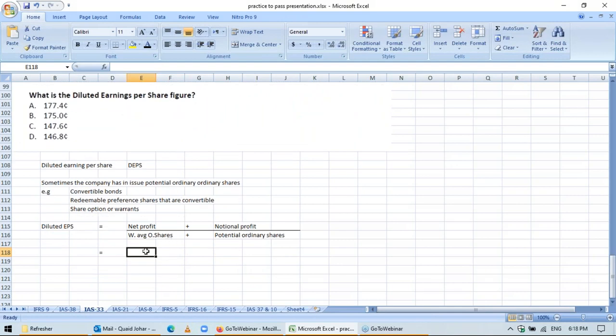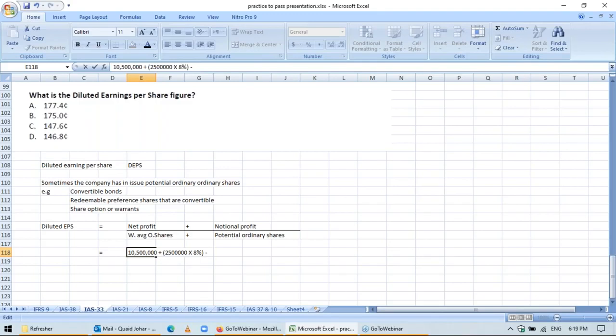Okay, so the profit is 10.5 million, and we will add 8% of 25 lakh, which is the interest expense charged this year, but it won't be incurred once we convert the bond into ordinary shares. And then the profit will decline due to the tax.